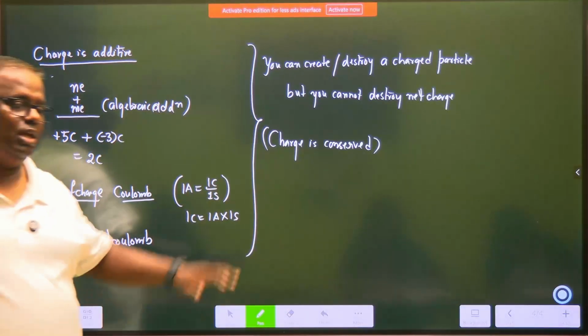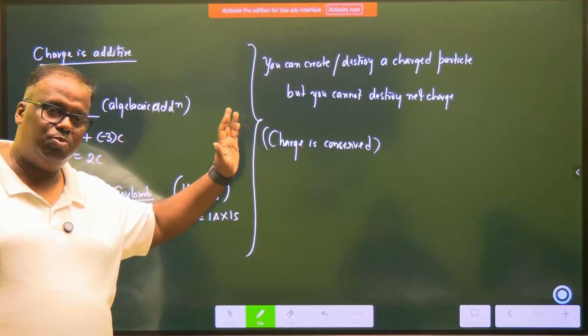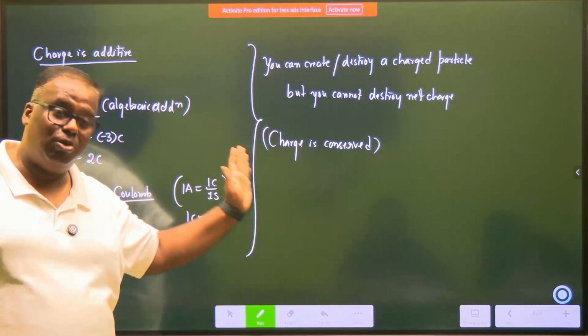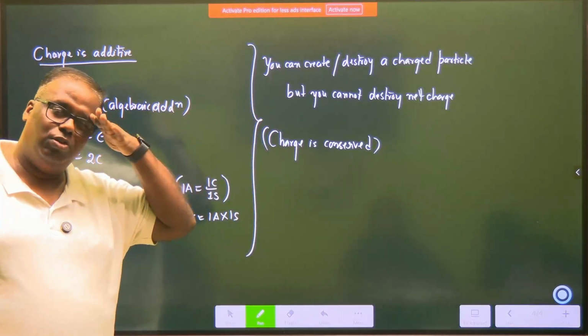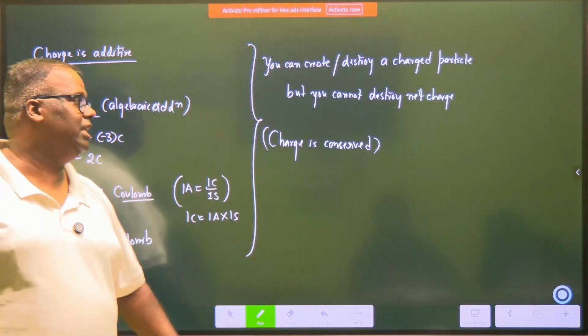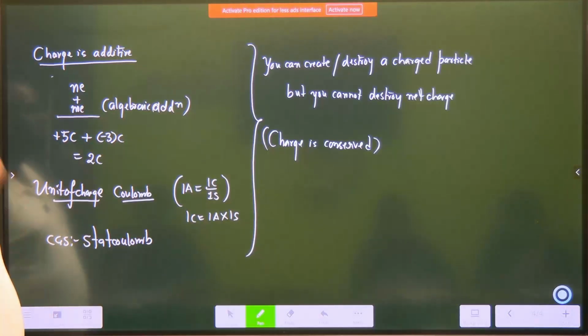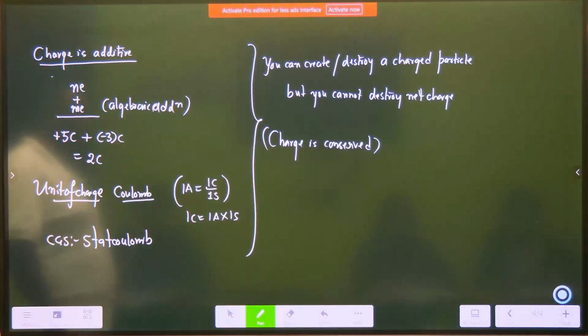If you are killing a charged body somewhere, this charge must have got transferred to some other place. The overall charge is always conserved. It's just like energy. You can create or destroy a charged particle, but you cannot destroy net charge. Okay, and charge is quantized.